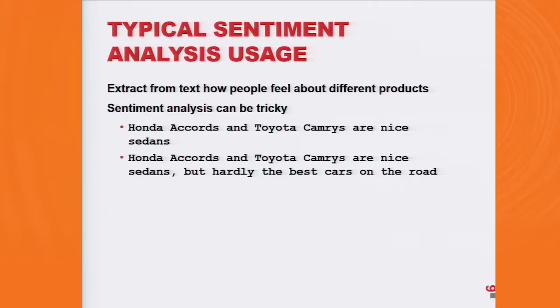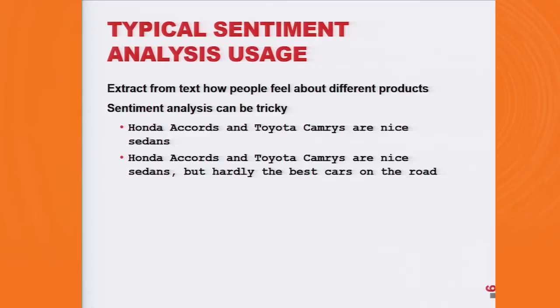So analyzing text in general is not an easy problem, and you can do it in many different ways. I can tell you that a lot of the commercial products that try to do sentiment analysis in many cases end up just counting positive and negative words. That usually doesn't give accurate results.